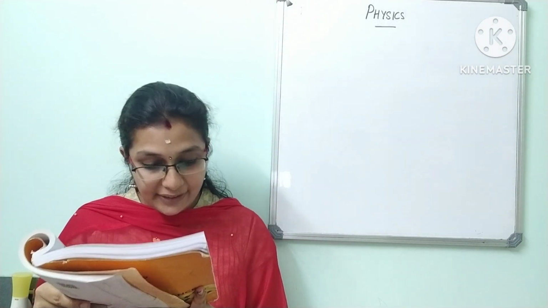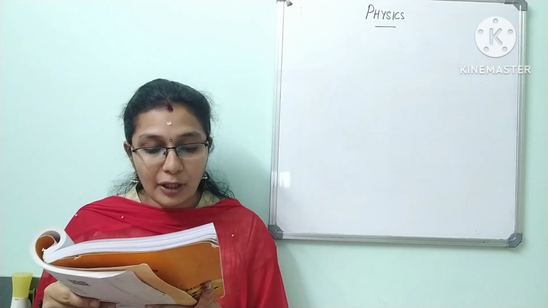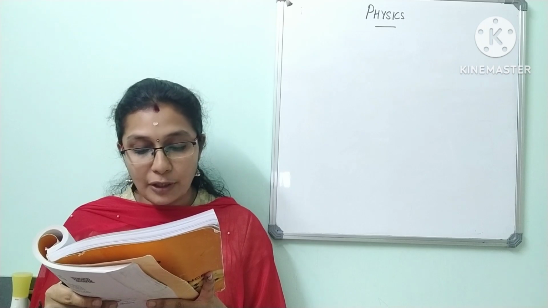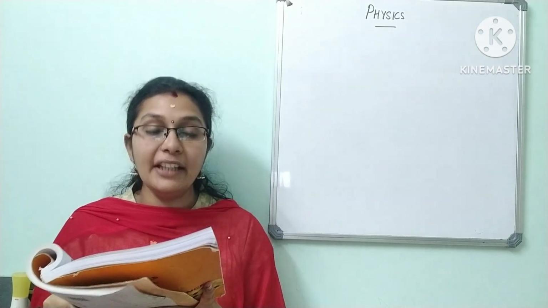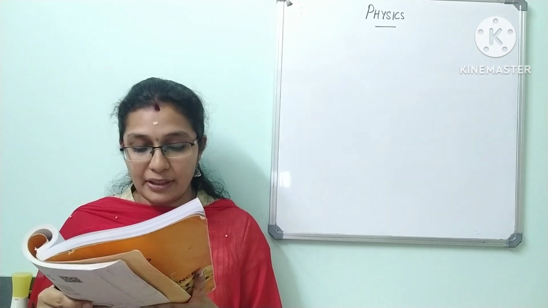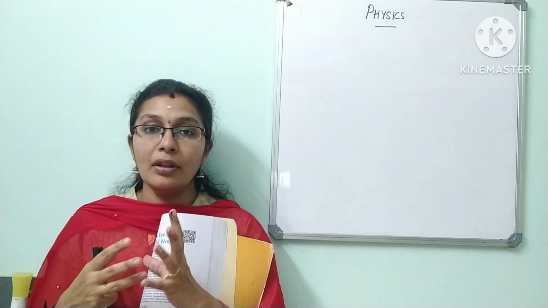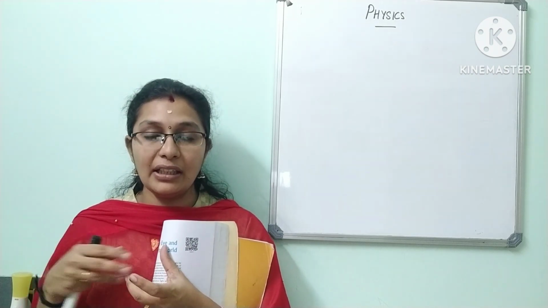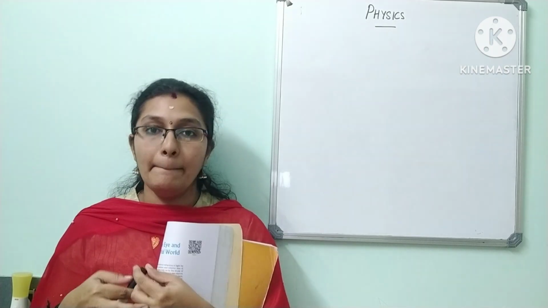Next question. Half of a convex lens is covered with a black paper. Will this lens produce a complete image of the object? Verify your answer experimentally. Explain your observations. Take a convex lens and cover half of it with black paper.